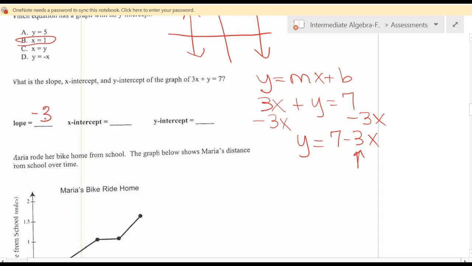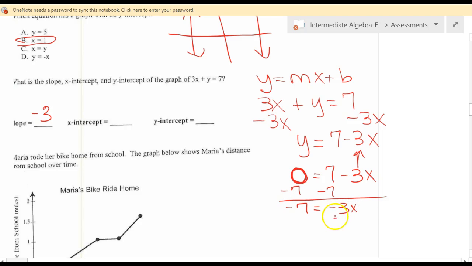My x-intercept, so that's asking me, where does my graph cross the x-axis? So that's basically saying y has to be 0. So in order for me to find my x-intercept, I have to substitute 0 in for y and solve for x. So in order to do that, I'm going to subtract 7 to the left-hand side.